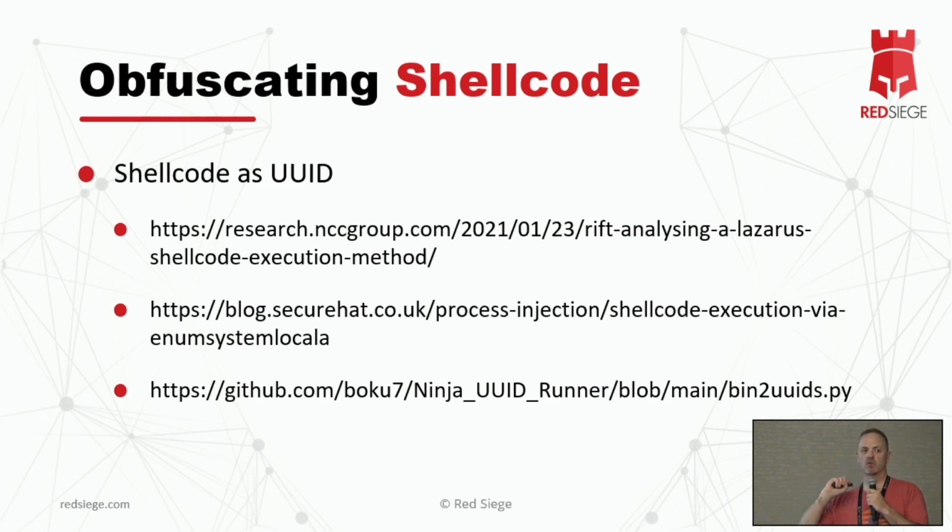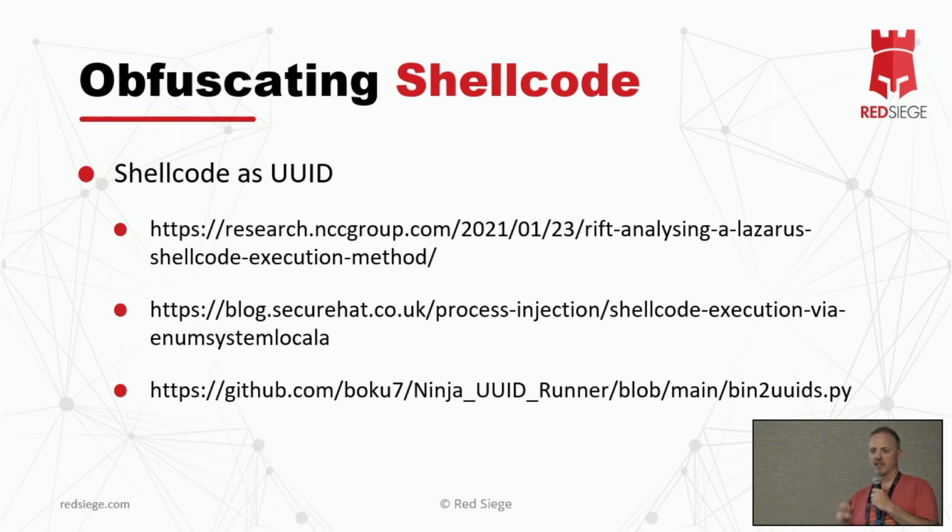But the other part that was really cool about it was how they were obfuscating their shellcode. They structured their shellcode as a UUID, a universally unique identifier. Maybe you've heard of a GUID as well, globally unique identifier. For our purposes, they're the same thing. And if you're using UUIDs and using the libraries correctly, you generate a UUID for each user of your application, and you can generate a UUID for every person on the planet, and you shouldn't have a collision.